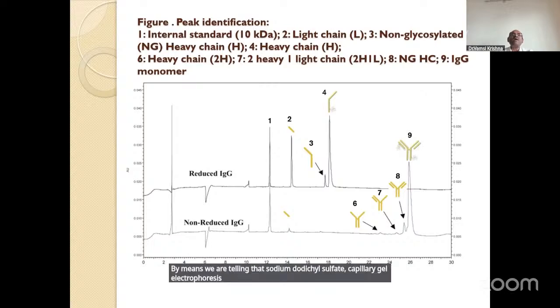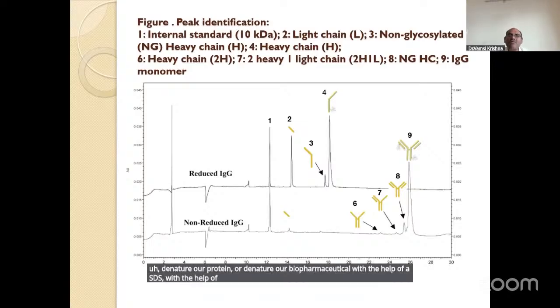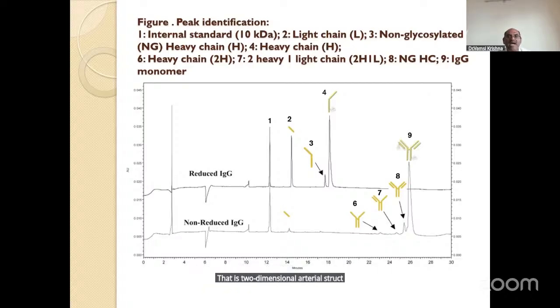Here, first we have to denature our protein, our biopharmaceutical, with the help of SDS. If we denature our protein, the intact primary structure remains as it is. Two-dimensional or three-dimensional structures are going to be lost, but the primary structure will be there.